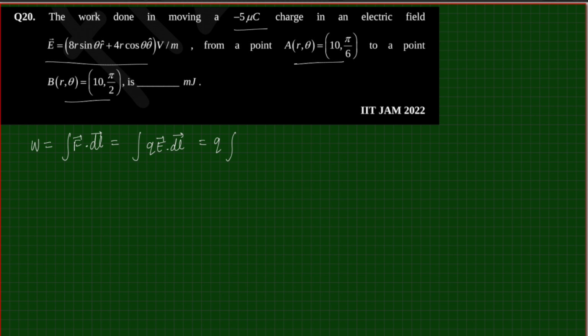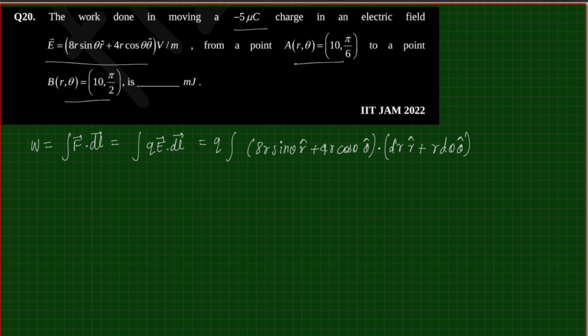The electric field is 8r sin theta r cap plus 4r cos theta theta cap, and the dot product is with dl, which is dr r cap plus r d theta theta cap.